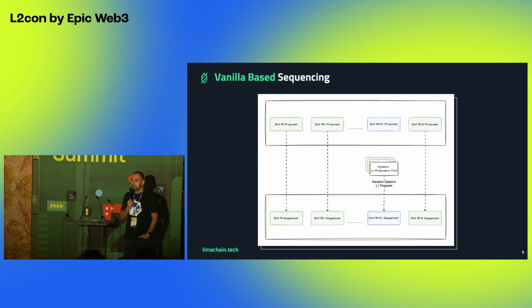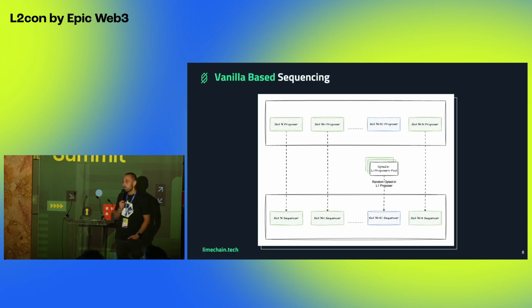But if they haven't, let's actually choose one of the opted-in proposers at random and give them the rights to be your sequencer. And what we argue here is that this is a great way to tackle the cold start problem, because this is a massive revenue increase for the L1 proposers that opted in as sequencers.